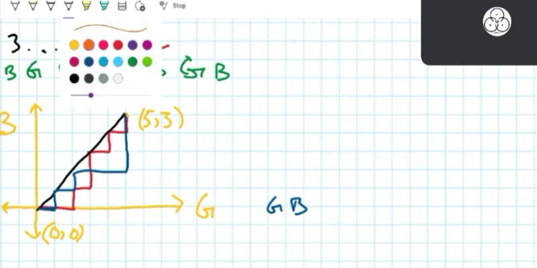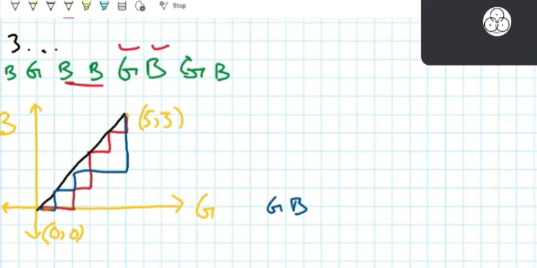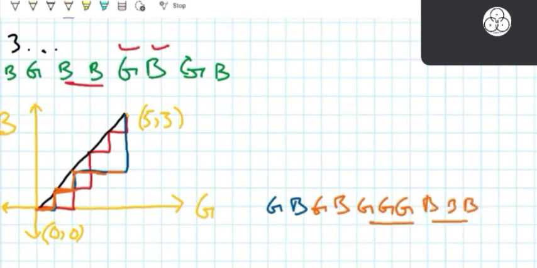One girl, one boy, one girl, one boy. Three girls, three boys. Number of girls are always coming before boys. Then they will never cross this diagonal.